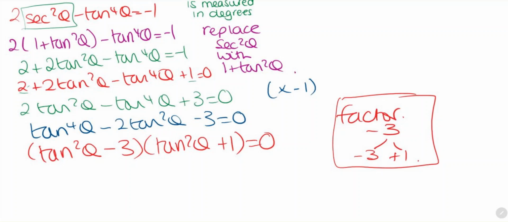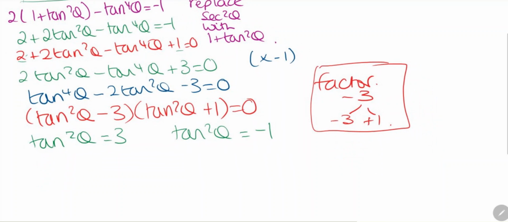So I'm going to take both equations. So I have tan squared theta is equal to 3, and I have tan squared theta is equal to minus 1. Now because this is squared, we're going to take the square root. So tan of theta is going to be plus or minus root 3.